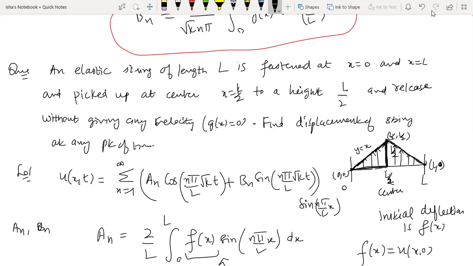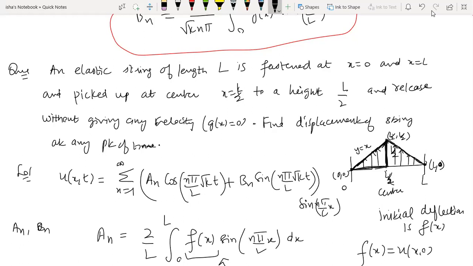But initial velocity is 0, because you read these words: it is released without giving any velocity, or it can also be written as released at rest. So different wordings can be used, and all of them will mean g(x) is equal to 0. Find the displacement of the string at any point of time. At any point of time, obviously they are asking you to find the unknown solution, which is your u.